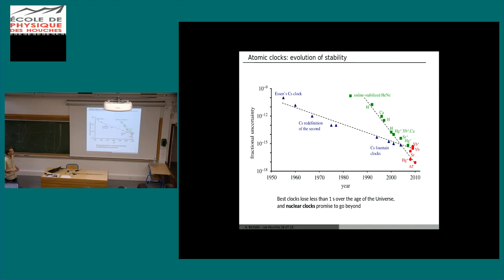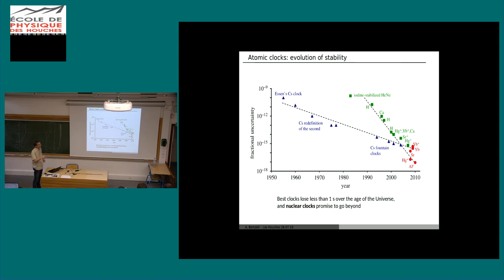That's a plot of the evolution of the stability of atomic clocks. They first enter the scene after the Second World War, around 1950. That's the evolution of the cesium clock that defines, nowadays, after the 70s, the international time, and it goes down pretty fast.